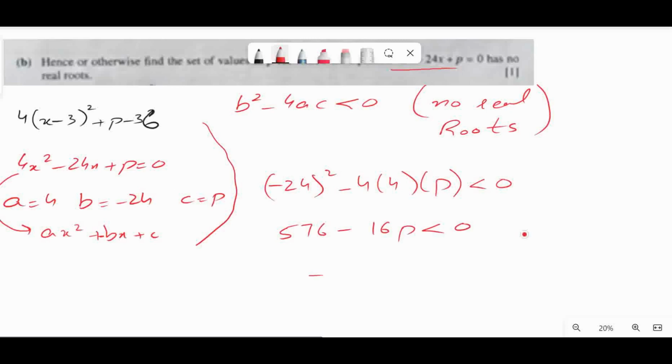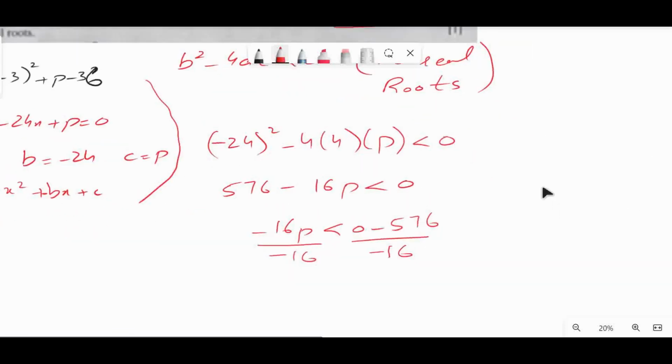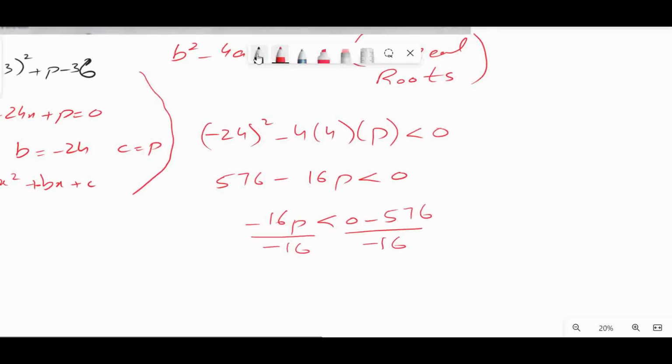So this will be minus 16p less than 0 minus 576. Now we have to divide by a negative number. This is a very important point: if we divide by a negative number on both sides, then we need to change the sign of the inequality. Here the inequality is less than, so we need to change it.